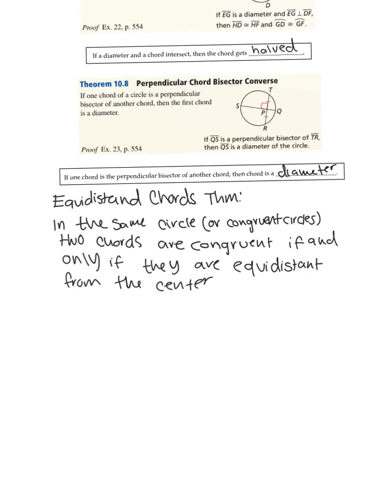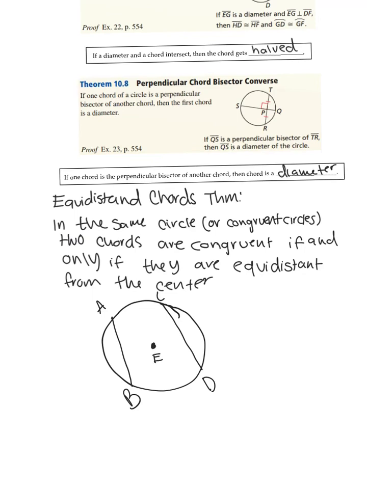Okay, so in other words, if you have a circle, and let's say that we have chord AB and chord CD, and let's call this circle E. We know that these two chords are congruent if they're equidistant from the center, meaning if we were to draw perpendicular lines, we know that that's going to be the shortest distance from a point to a line.